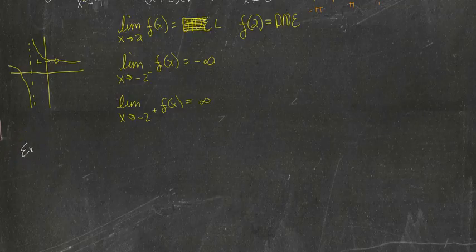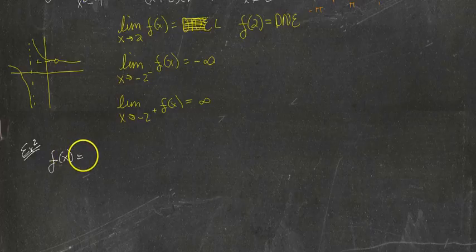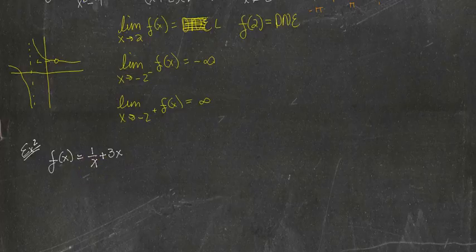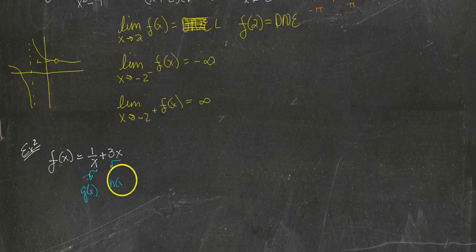Okay, so let's do a couple of direct examples and introduce some properties at the same time. So example 2, suppose I have the function f of x equals 1 over x plus 3x. So this is really a combination of functions. I could call this g of x, and I could call this h of x.